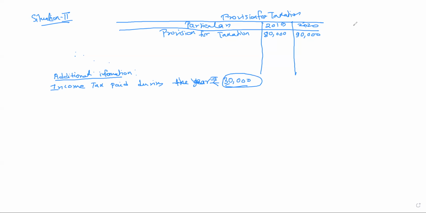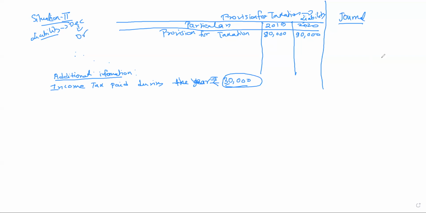What is the journal for the amount of income tax paid during the year? Anyone? If you remember, I said provision for tax is what? A liability. Now, when you pay income tax, isn't your liability decreasing? And when liability is decreased, it is what? Debit. That's a rule.